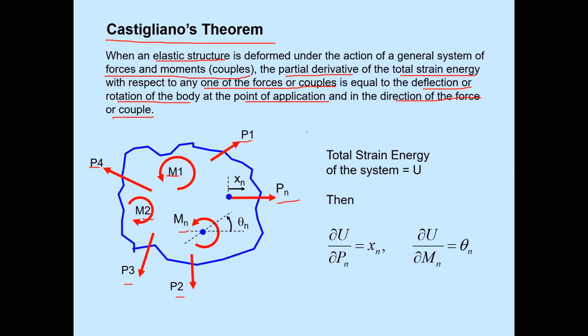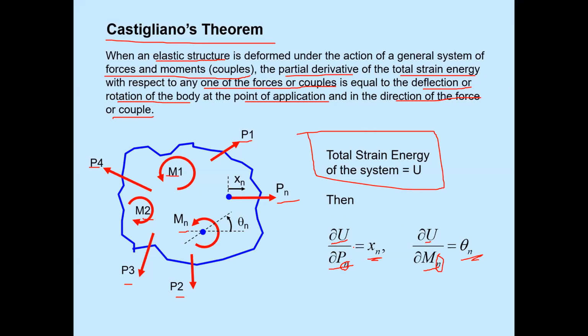The total strain energy is U. So this theorem says that in any elastic structure under a general system of forces, the partial derivative of total strain energy with respect to any one of the forces or any one of the couples or movements is equal to the deflection or the rotation of the body in the direction of the force or couple.